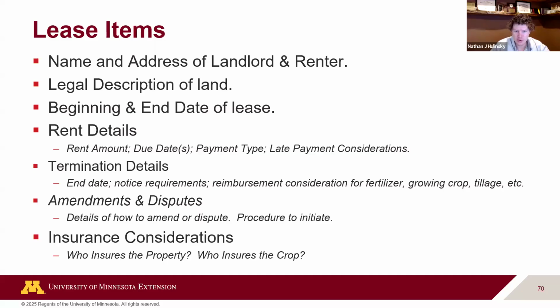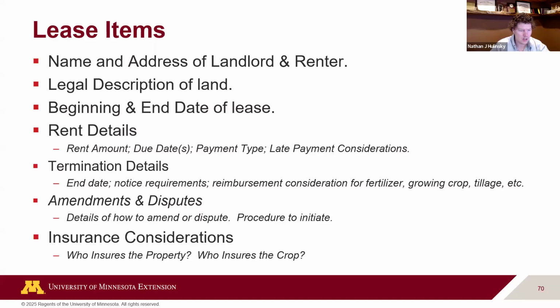Reimbursement considerations for fertilizer, tillage, or growing crops. Maybe that farmer applied fall fertilizer, did fall tillage with the thought process they were going to plant that in the spring. If now you tell them on December 1st you don't get that next year, they might want to get paid some for the fertilizer that they applied.